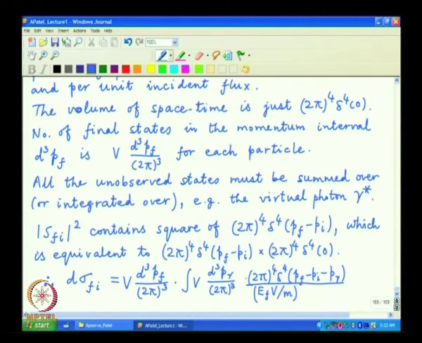There is actually a square root, but we are taking the absolute square, and so this factor appears. After all these things, we have the final object which we have to calculate from the transition matrix element. There is a T F I square.